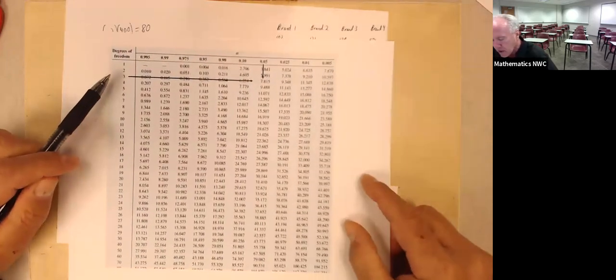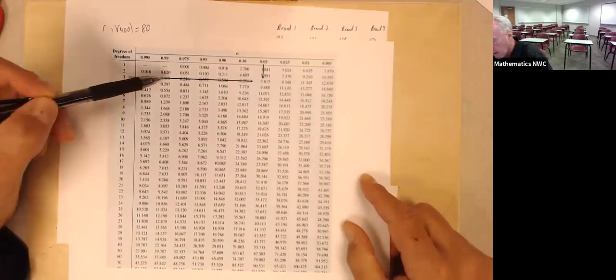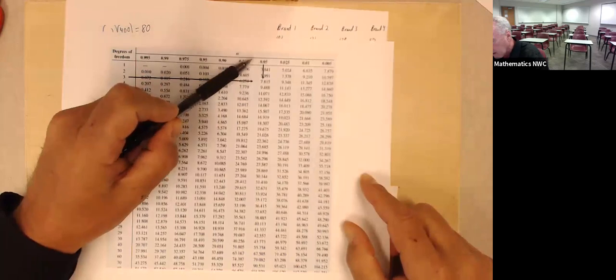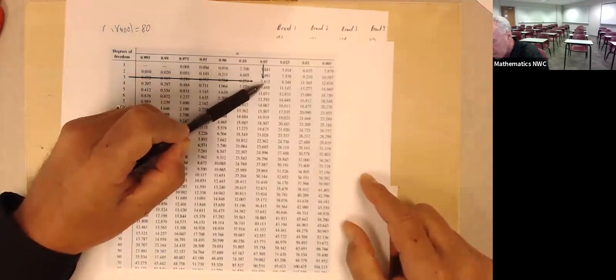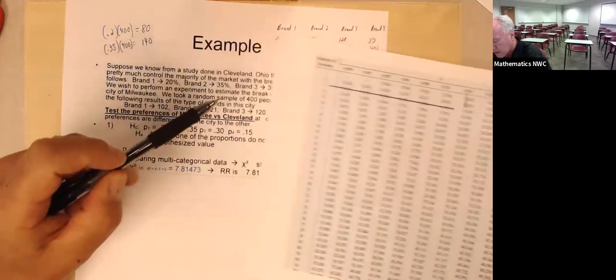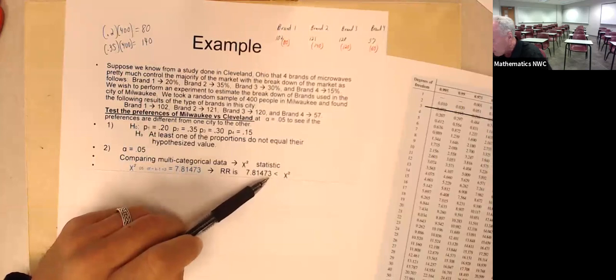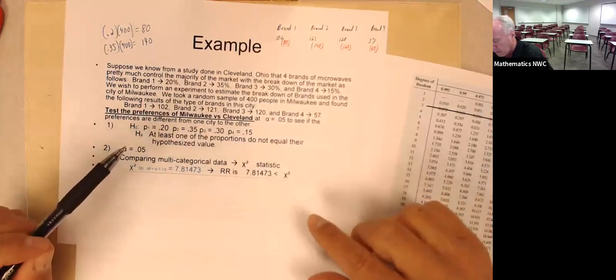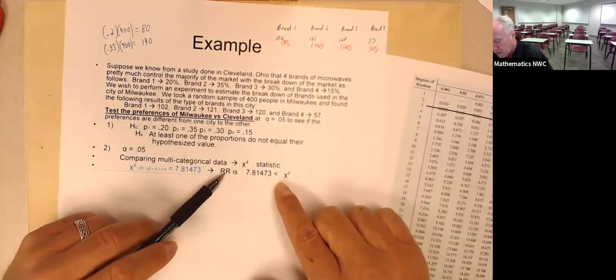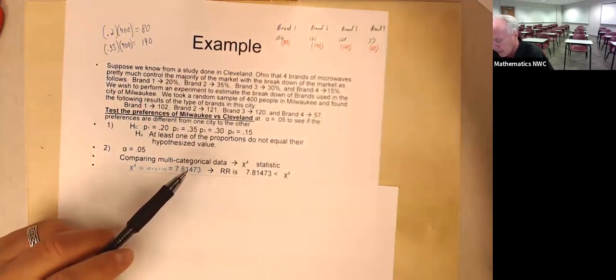So here's my chart. Degrees of freedom was 4 divisions minus 1, 3. We had an alpha level of 0.05. This 7.815 is my line in the sand. It's my rejection region. 7.815. I rounded it off here on the chart to 5. That rejection region, of course, would be needed. All right.